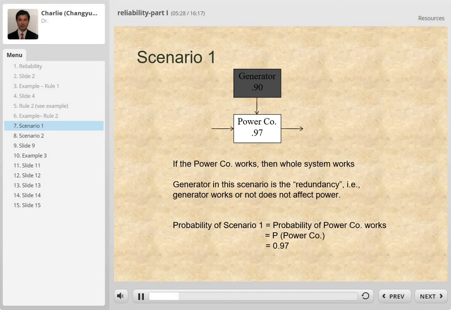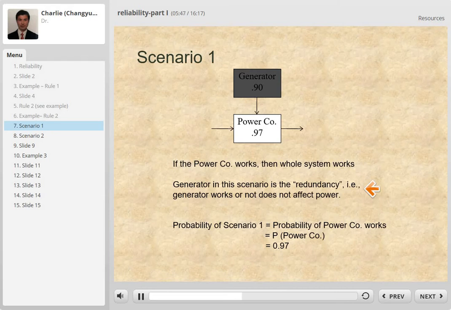Scenario 1, the power line works when the generator went bad. So what's the probability? If the power line works, the whole system works. The generator in this scenario is a redundancy. Whether or not it works, it does not matter.